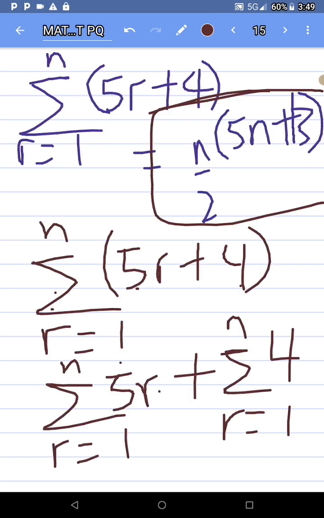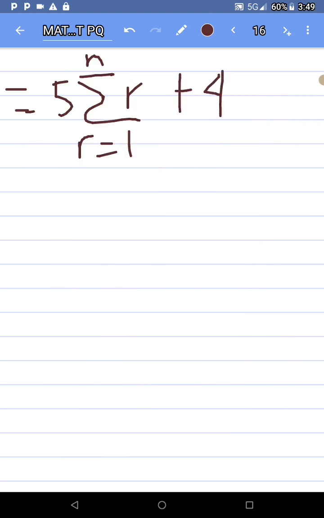That is the same as 5 times the summation from r equals 1 to n of r, plus 4, which is the same as 4 times 1, so 4 times the summation from r equals 1 to n of 1.